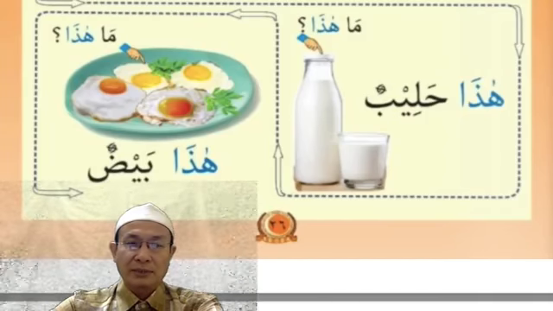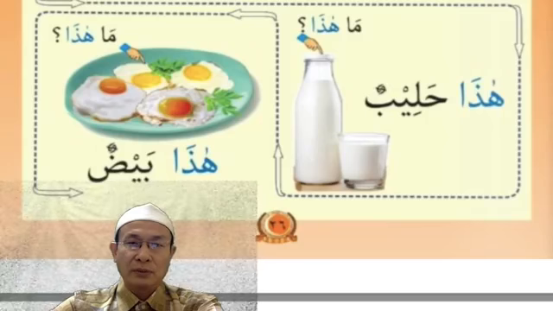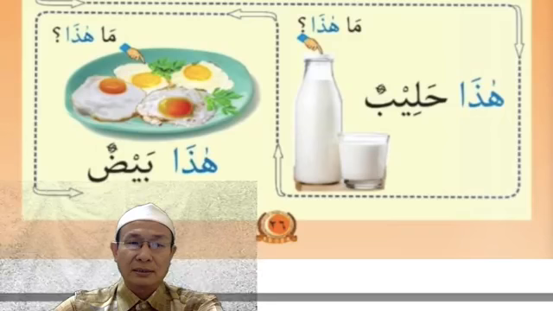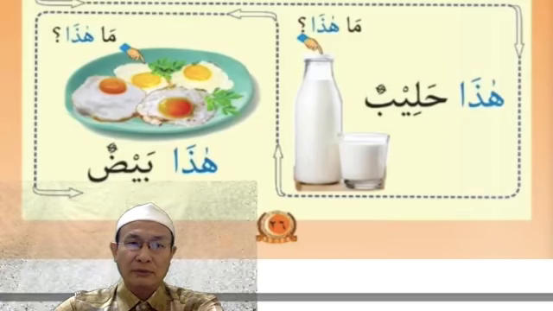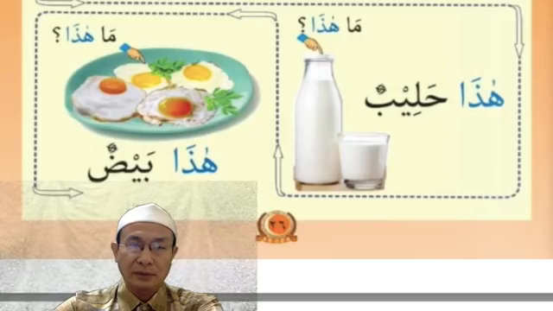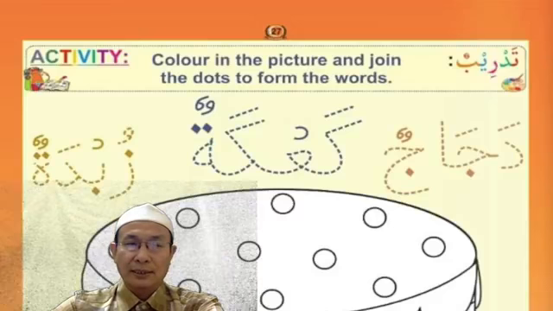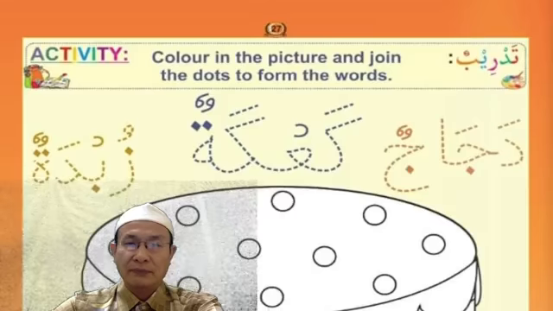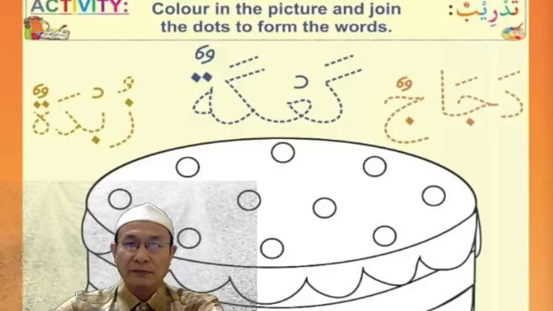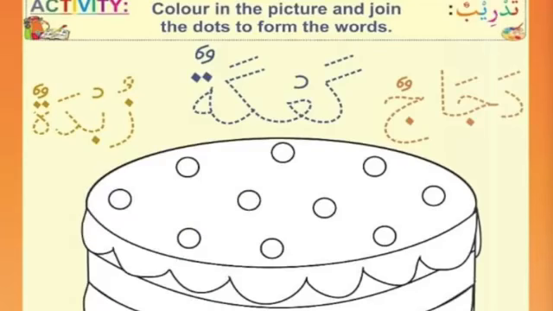So today we learn, alhamdulillah, a few new words, vocabularies, and let's revise the new words that we just learned. In the picture we have a cake, and around the cake there are words.